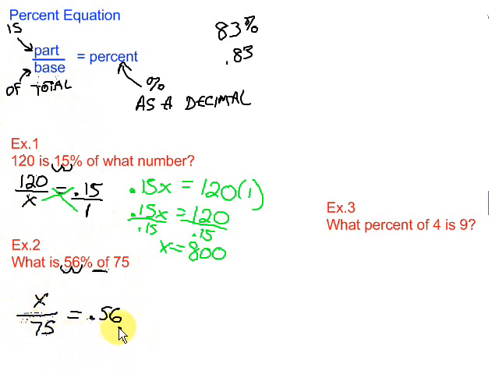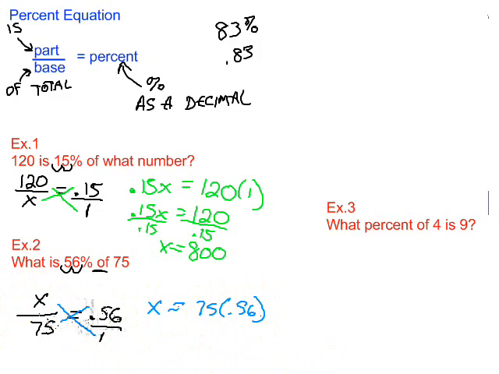I'm going to put this over 1 and do cross products just because that's kind of what we've been doing with all these problems. We have x times 1, and we have 75 times 0.56. So x times 1 is just x equals 75 times 0.56.